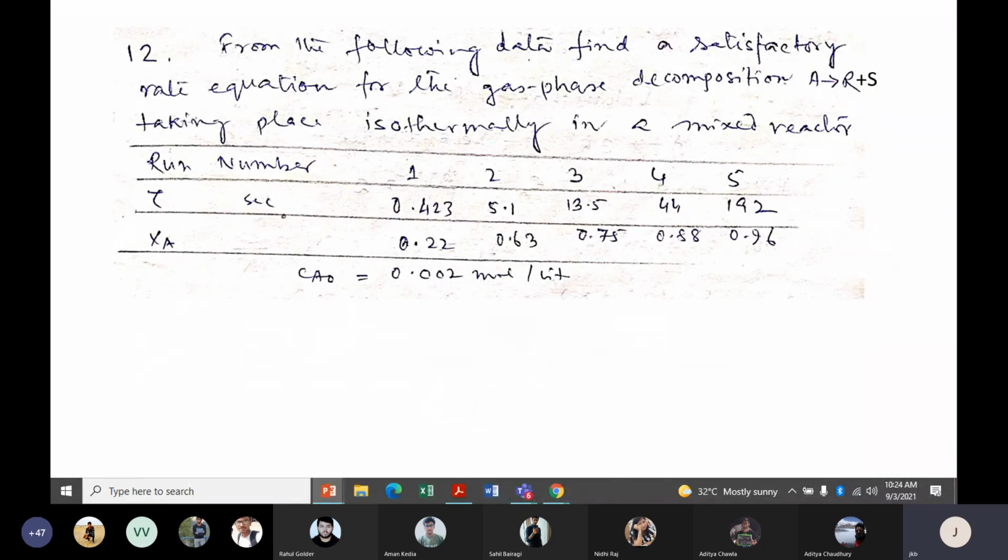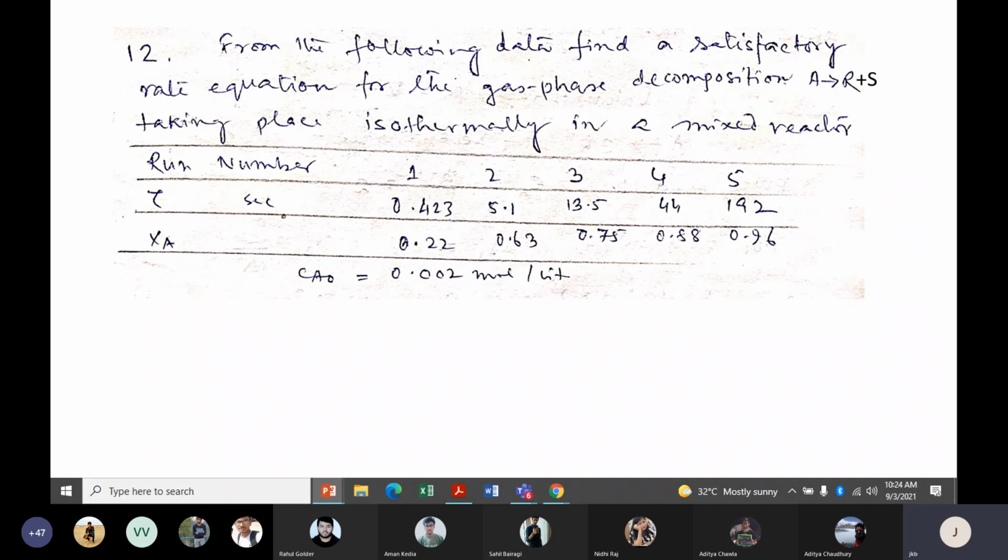Next problem, it is also a similar type, 5 runs with tau and different conversion. CA0 is known. From the following data, find a satisfactory rate equation for the gas phase decomposition of A to 2R plus S, taking place isothermally in a mixed reactor.